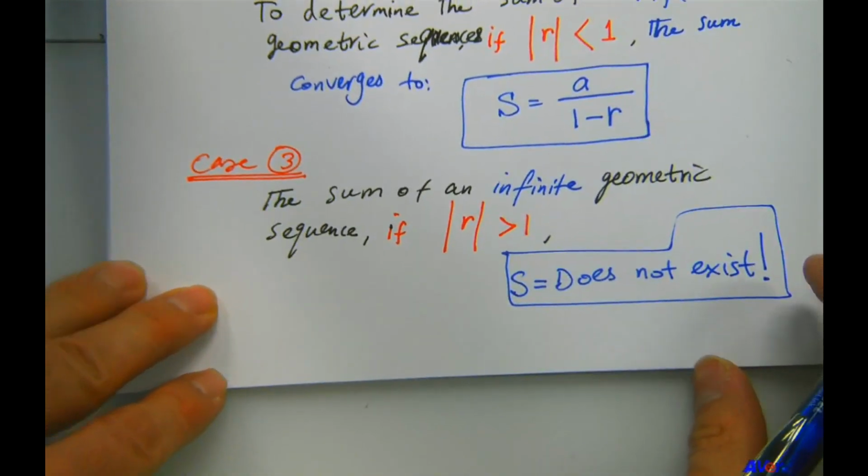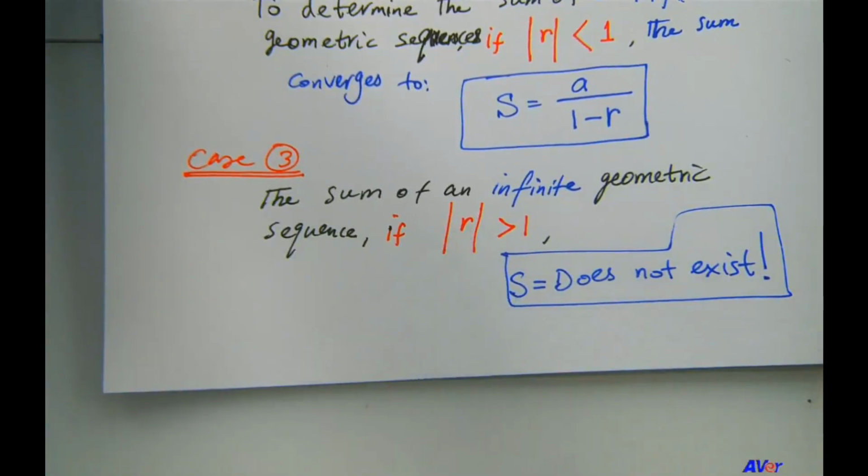Okay? If you have an infinite geometric sequence, this is not for a finite one. For a finite geometric sequence, you always have a sum. You always have some value for the sum, as long as it's finite. But if you have an infinite geometric sequence and the common ratio is greater than 1, you can never have a sum.